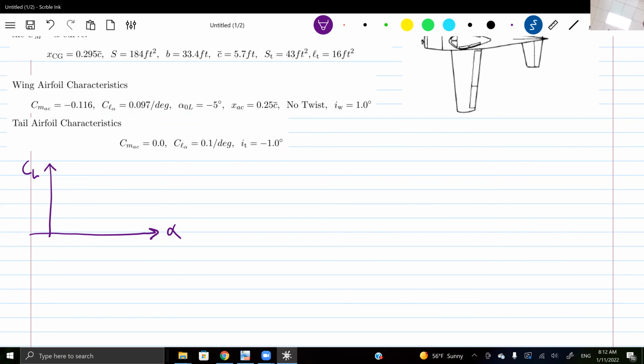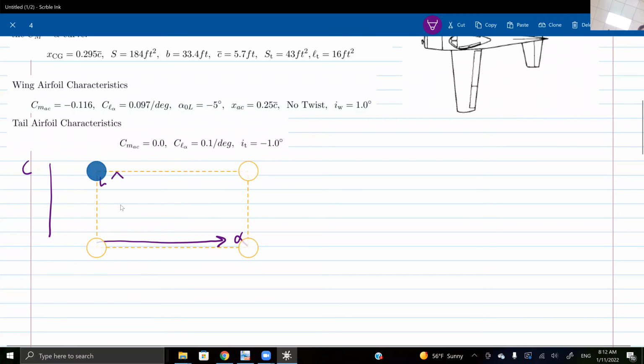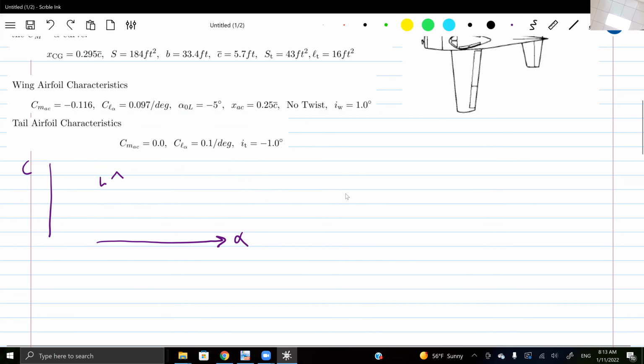Yeah, we'll do it. I want to move this to the right a little bit. This is CL.